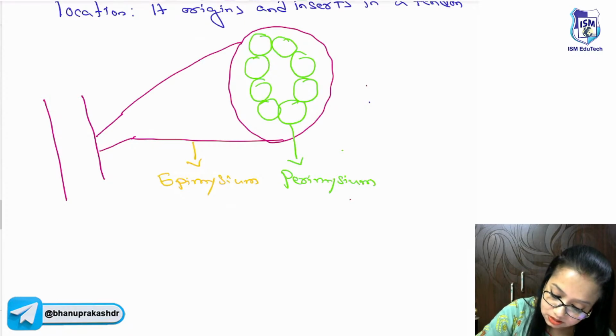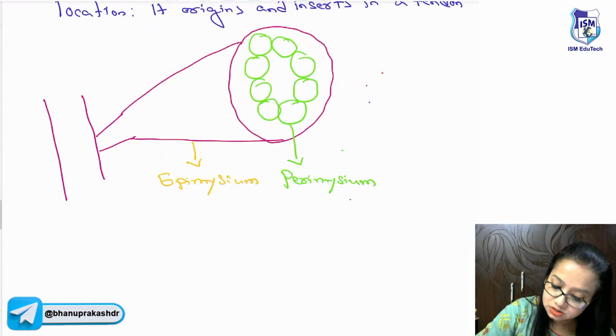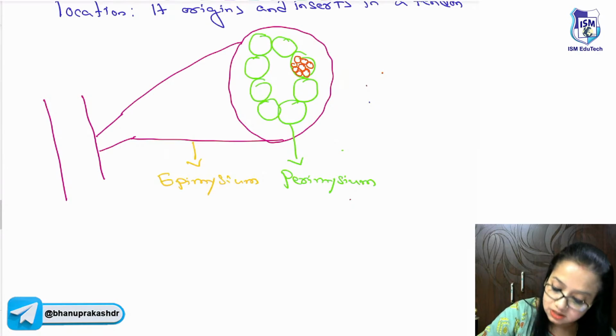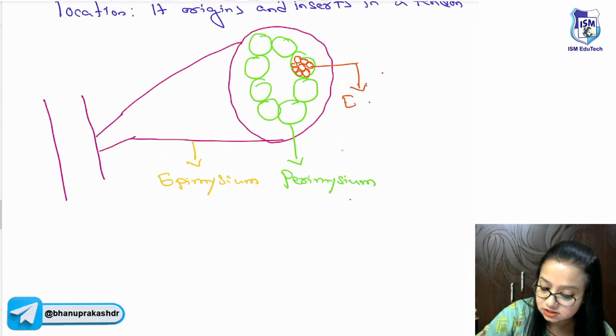Now, each fascicle encloses the muscle fiber, like a single muscle fiber, which is covered by another connective tissue, which is endomysium.